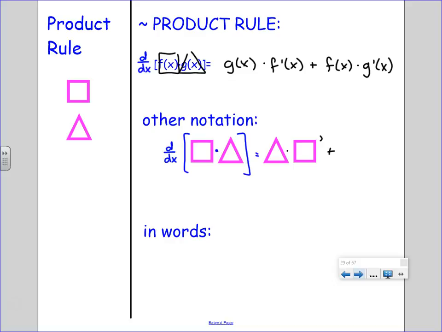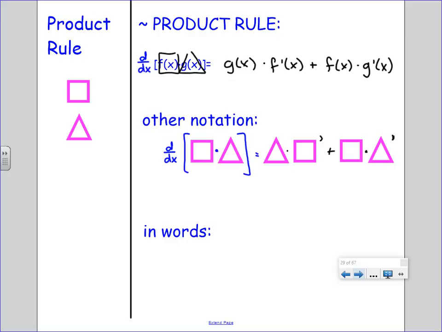So second d first plus, what comes next? First d second. And when I don't say anything in between, I am implying multiplication, just like we always do every time we say something like a constant x. We mean multiplication.